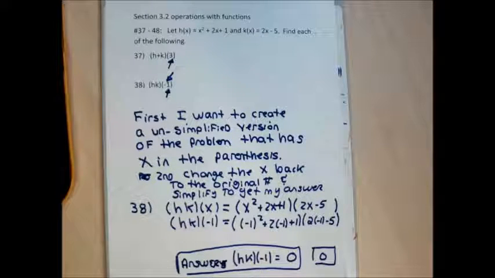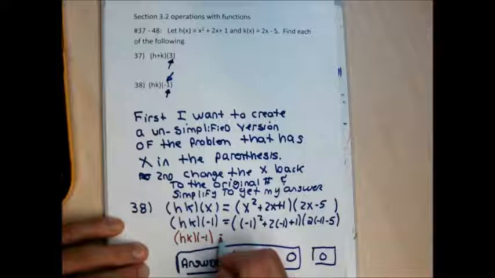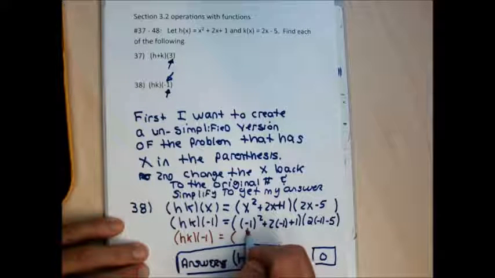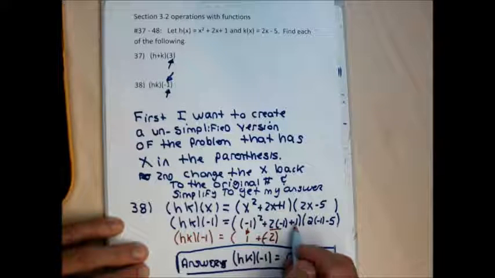If you really wanted to do this by hand, you certainly can. To do this by hand to get to that answer, in the first parentheses, the negative 1 squared is a positive 1. The 2 times negative 1 is a negative 2. So I'd get 1 plus negative 2, and then I'd have this plus 1.